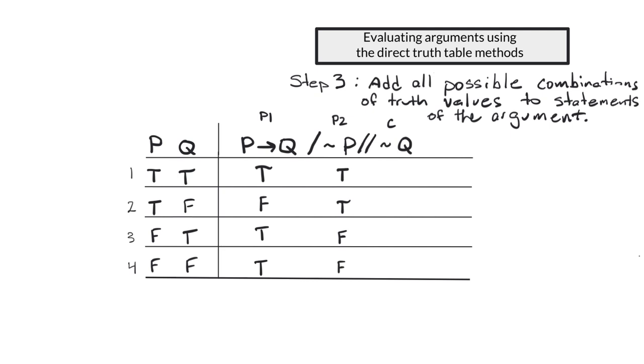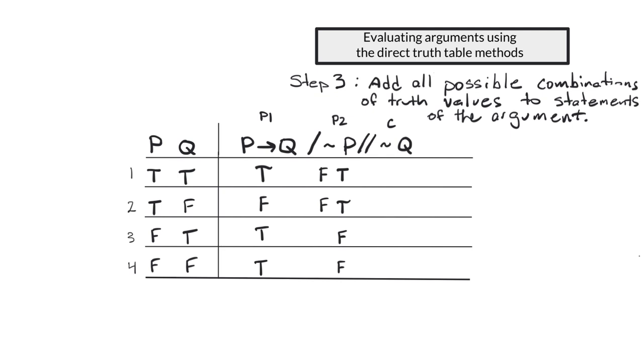But of course the statement is the negated P, right? The tilde, that's the main operator for this statement. So I need to put the opposite truth value for each row. So in row 1, if P is true, tilde P is false. Same thing for row 2, P is true, tilde P is false.